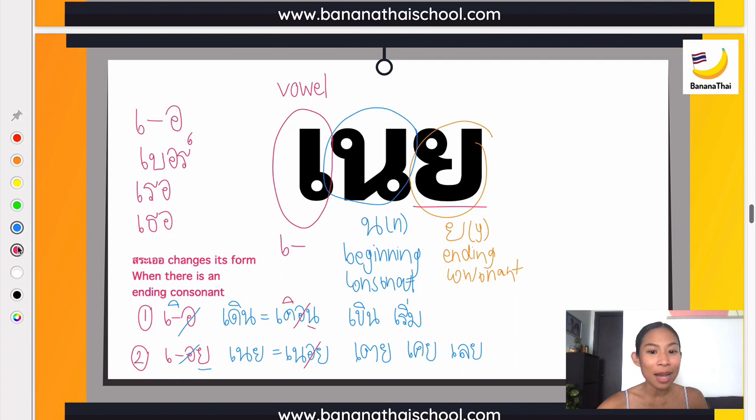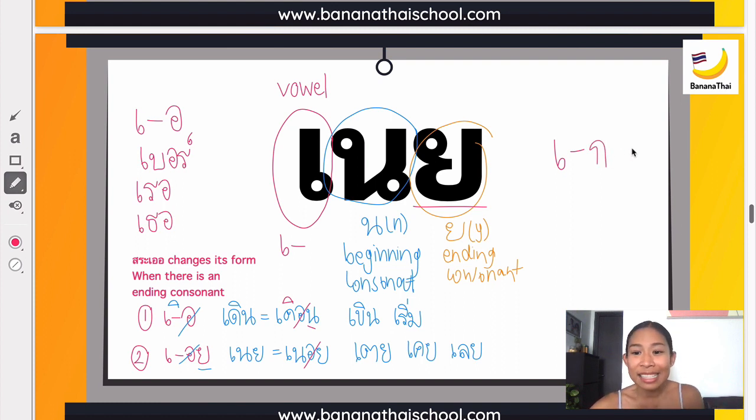For example, I want to compare. If this is สระเอ and there is another ending consonant, it doesn't matter, like กอไก่, it will be the สระเอ sound, like the word เล็ก. เล็ก is สระเอ.